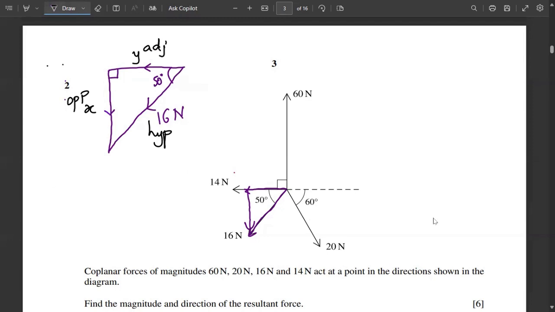Now we can use trigonometry, sine. Sine equals opposite upon hypotenuse, so this will be x upon 16. Now this 16 will go up, so finally I'll be left with 16 sine 50 is equal to x.